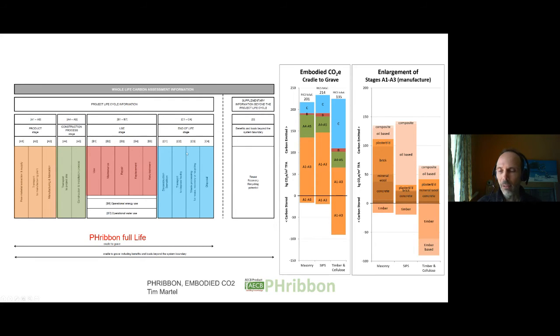It includes the complexity of the end of life and of timber emissions and sequestration, and also includes D as well.